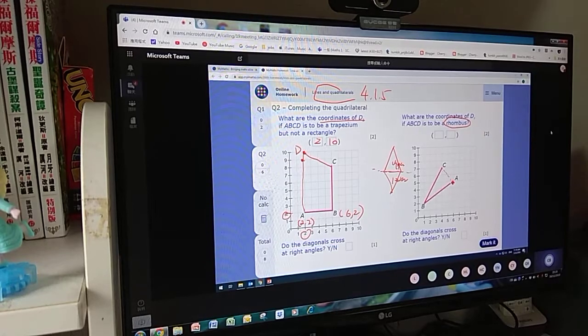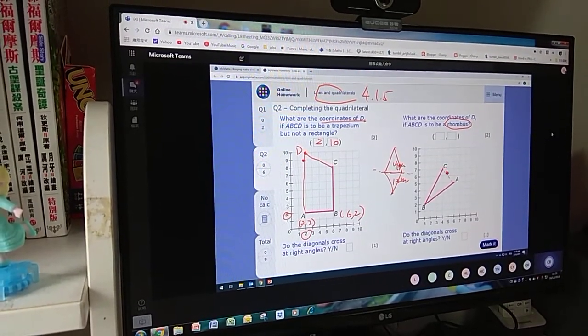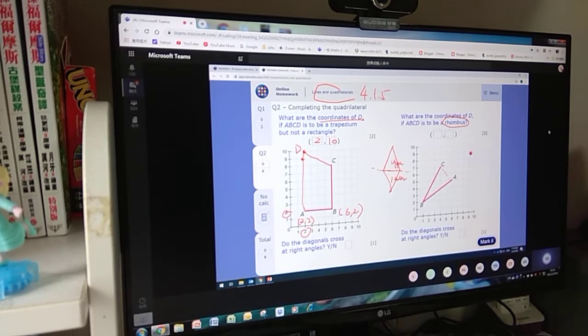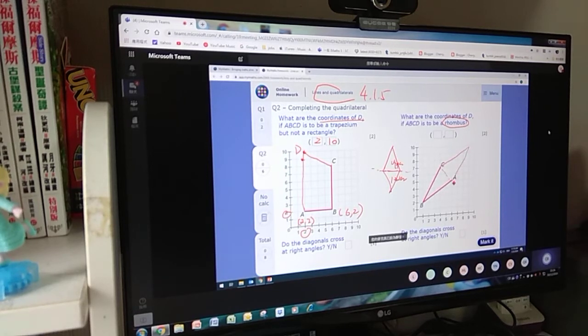So similarly, if we want to have an equal triangle in the upper part, I think the point should be like this, right? So point D should be here. So the coordinate would be 9 and 10. Okay.